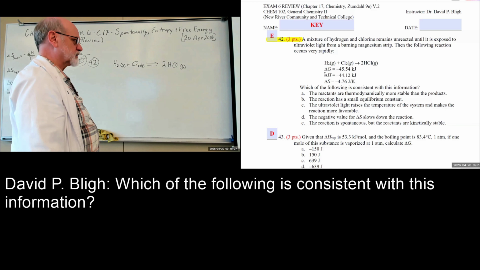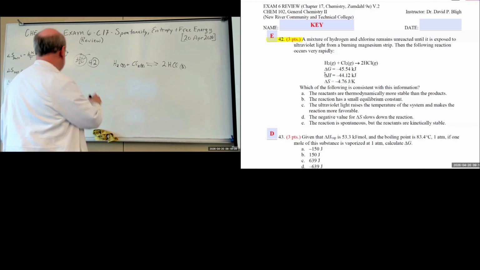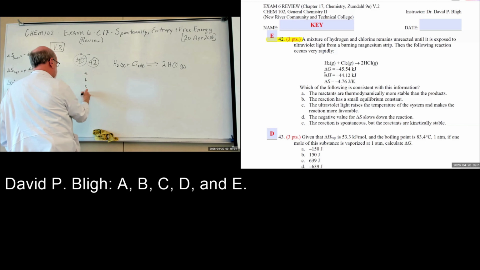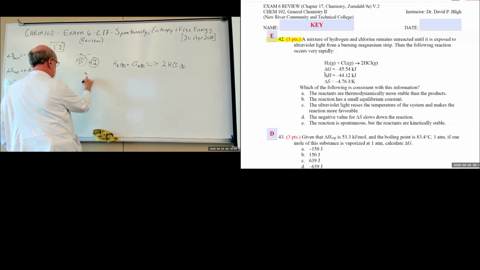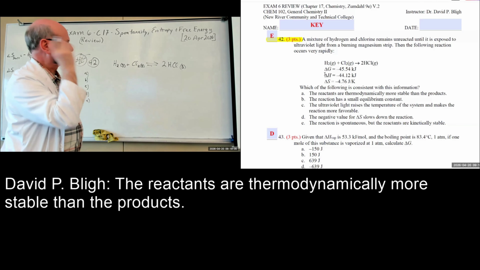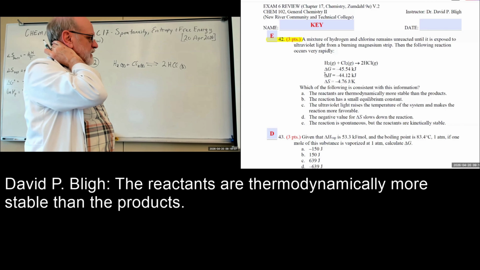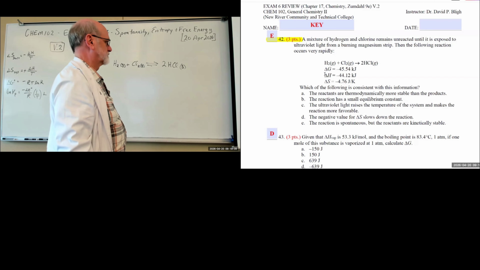Which of the following is consistent with this information? Well, let's see. A, B, C, D, and E. A says what? The reactants are thermodynamically more stable than the products.